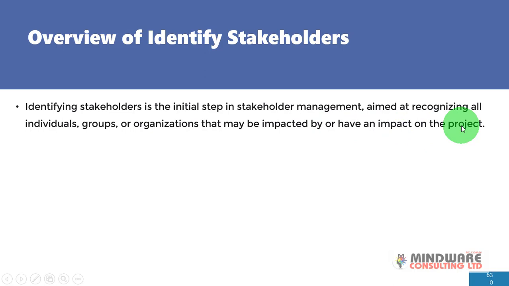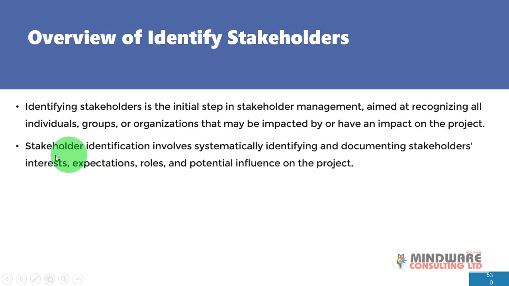Like we've established before, stakeholders could be individuals, such as customers or suppliers, groups of people, or organizations. The common thing among all of them is that they have some form of impact on the project's outcome, and they can also be impacted by the project activities as well as the project outcome itself.